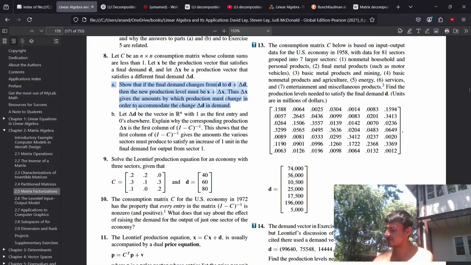Okay, so part B says, let delta D be the vector in Rn with 1 as the first entry and zeros elsewhere. Explain why the corresponding production of delta X is the first column of the inverse.